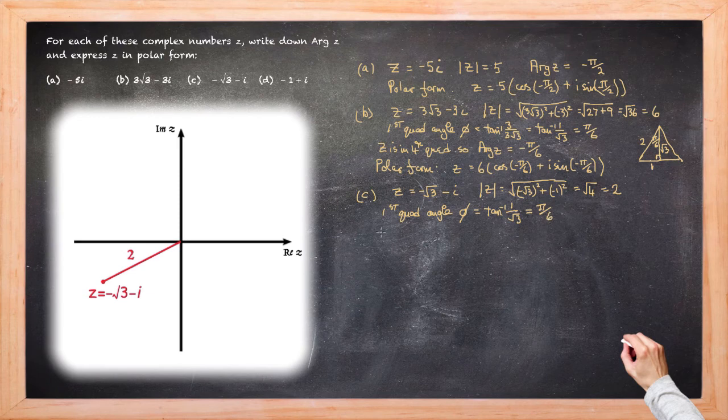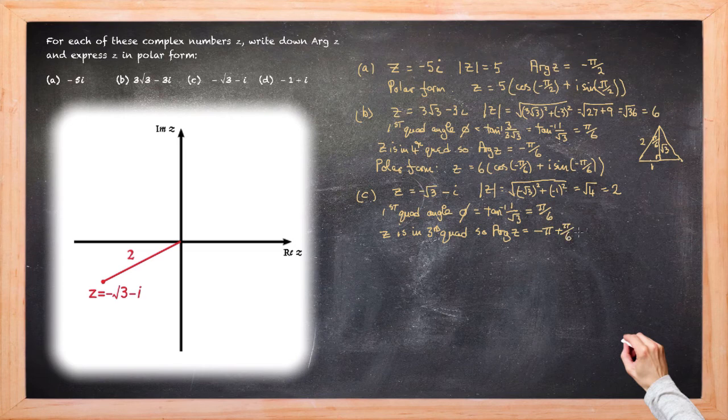Now it's in the third quadrant, and remember what we do to find the principal value of the argument in the third quadrant. We go all the way from the real axis in a clockwise or negative rotation by negative pi, all the way around to negative pi, then come back by the first quadrant angle.